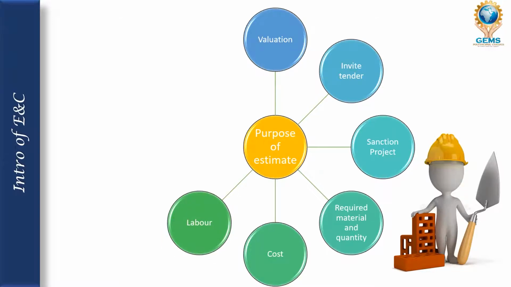Labor means to know the detailed cost of different categories of labor needed, like masonry, excavation, RCC work, plaster, painting. For each and every work we need labor, right? So the detailed cost of different categories of labor we can analyze through this estimation. This is the main purpose of estimation.